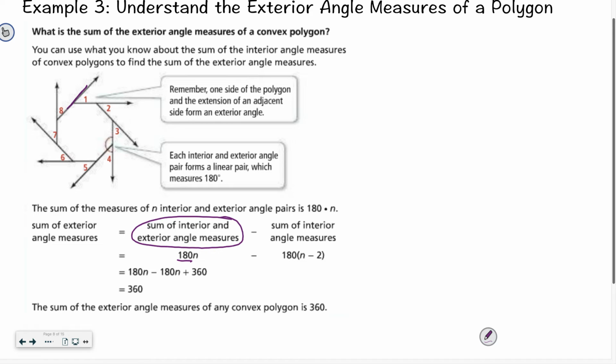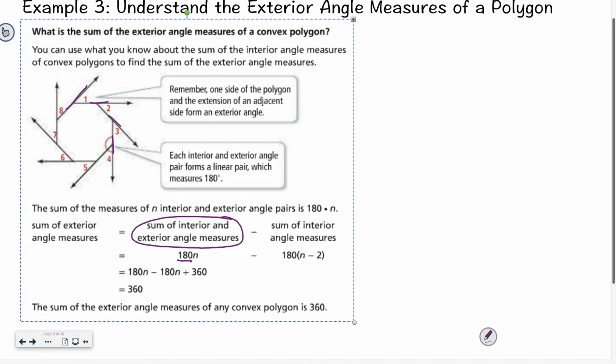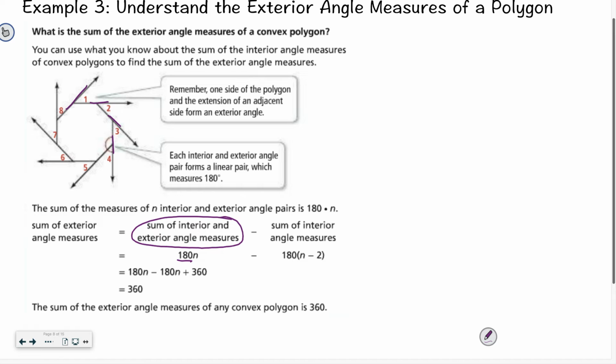So I'd have 180 degrees here, I'd have them here, here. So 1, 2, 3, 4, and if I kept going, 5, 6, 7, and 8. So I would do 180 times 8. But that doesn't fully work because I just counted the interior as well.